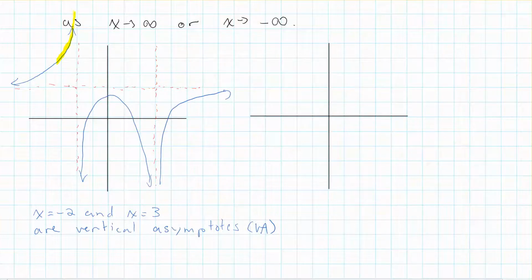I want to emphasize that that alone makes that a vertical asymptote. It's not saying that both sides have to go to infinity. As long as one side goes to infinity, that makes it a vertical asymptote. But if we look at the other side, it also fits the definition. It goes all the way down to -infinity. Once again, only one of these has to be present in order for it to be a vertical asymptote.